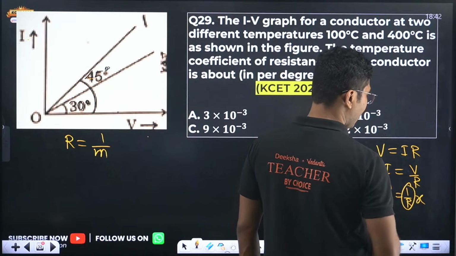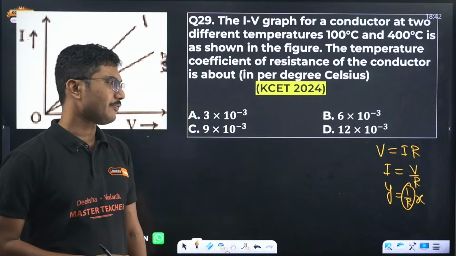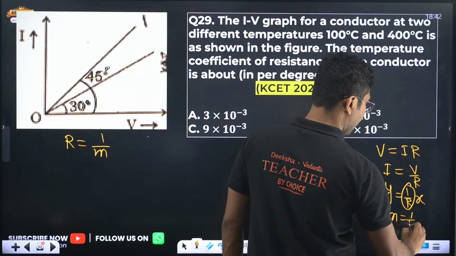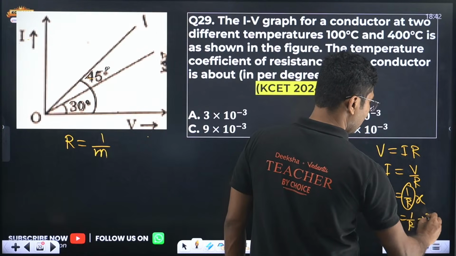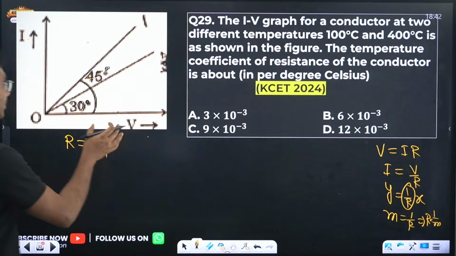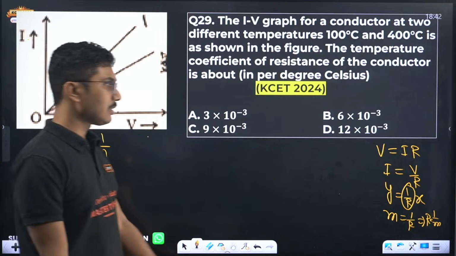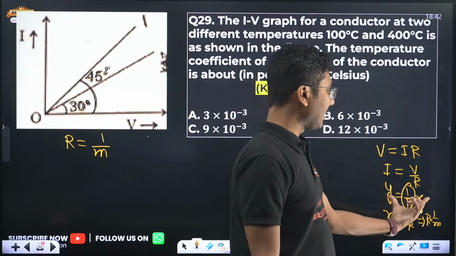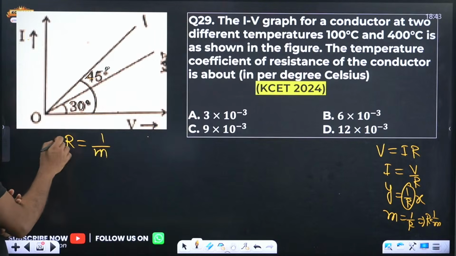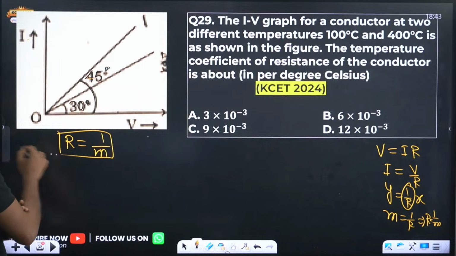Here this 1 by R is the slope of the graph, so R is 1 by m. y equals mx plus c is the equation of a straight line. So if you want to calculate the resistance, that will be 1 by slope.